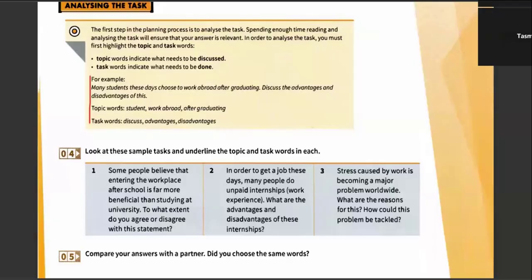Advantages, disadvantages. Excellent. Very good. Number three: stress caused by work, major problem worldwide. Very good. Stress caused by work, or just stress, and major problem worldwide. Very good. And what about the task words?